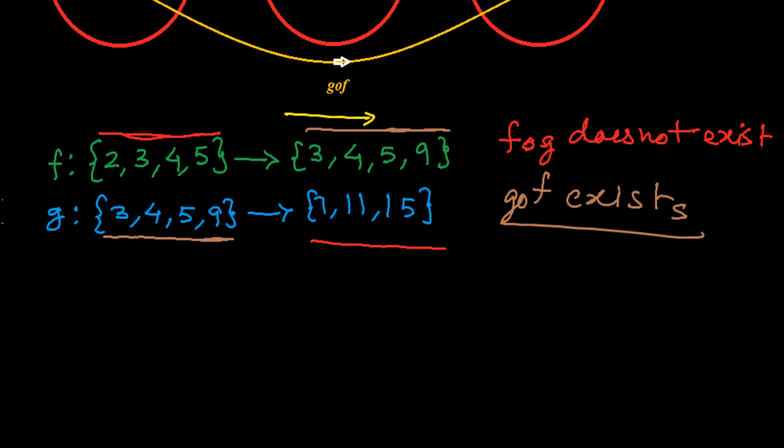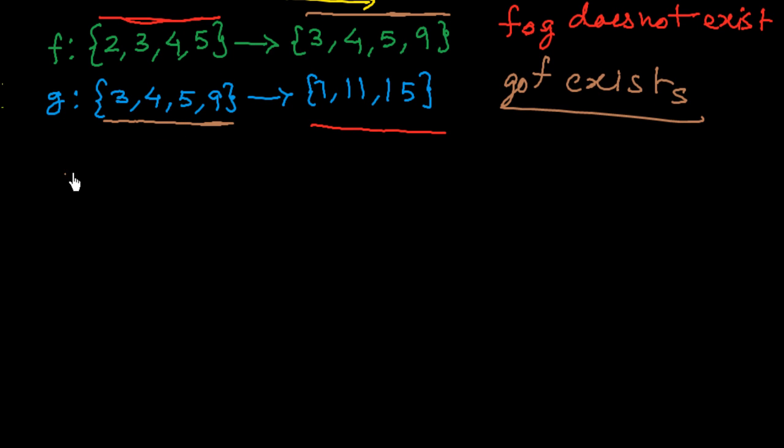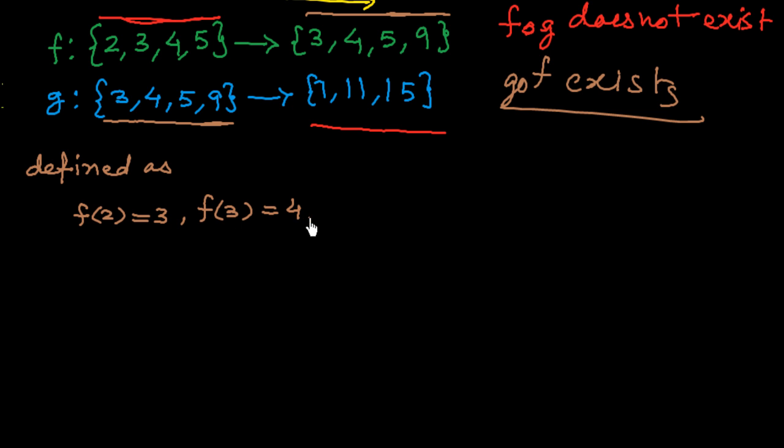Now we see how we get g of f. The function f is defined as f(2) = 3, f(3) = 4, f(4) = 5, f(5) = 5.